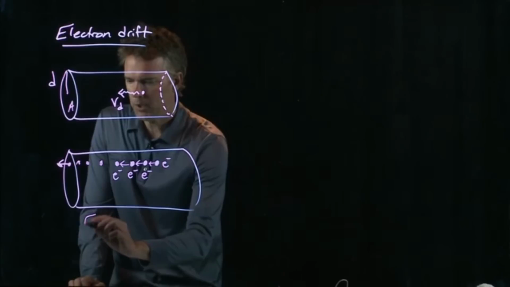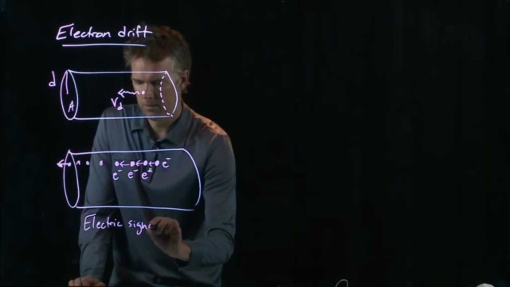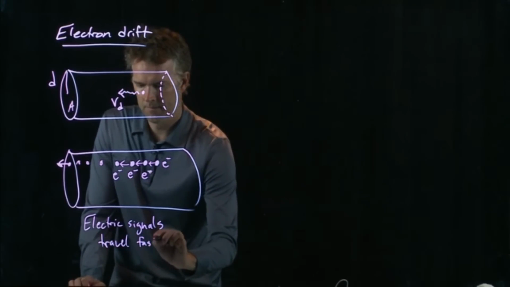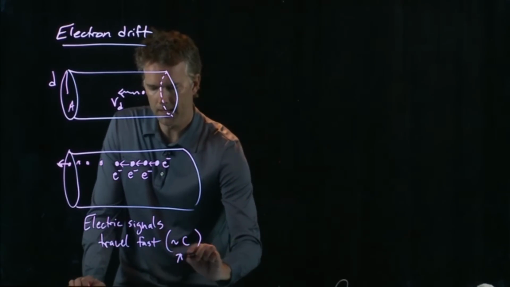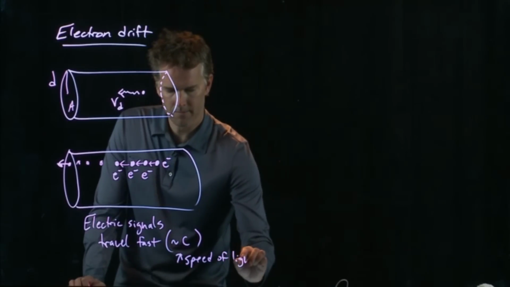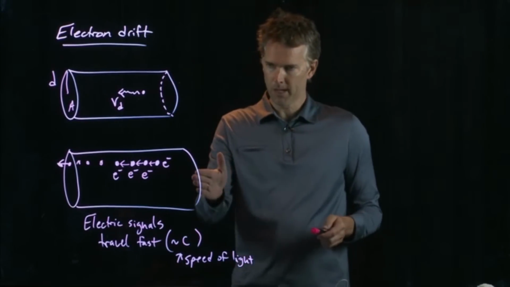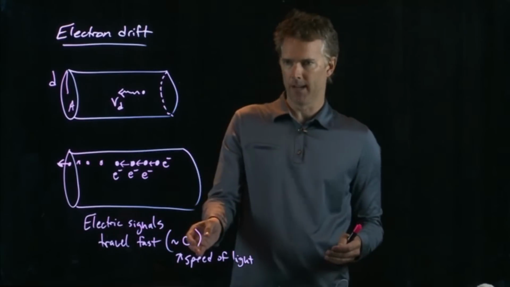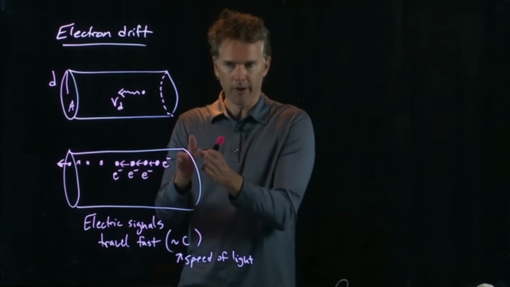Okay? Electric signals travel fast. Okay, they are pretty close to the speed of light, c. When you turn on the switch, that signal propagates down the wire at nearly the speed of light, even though every individual electron doesn't move very fast at all.